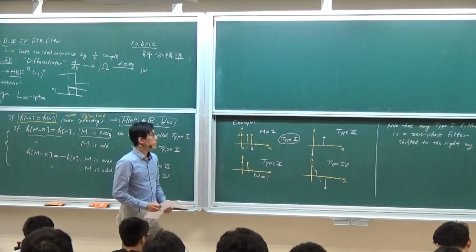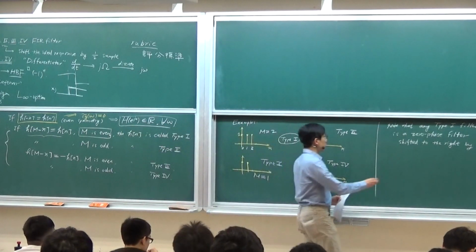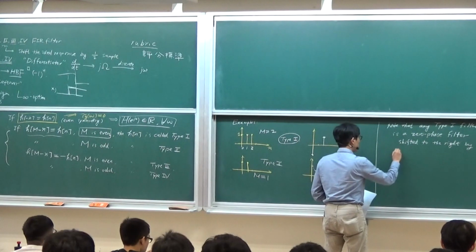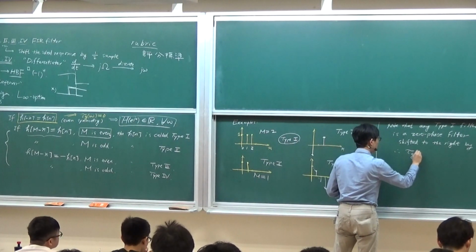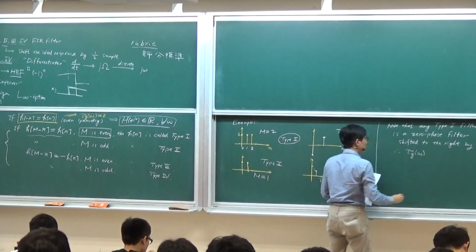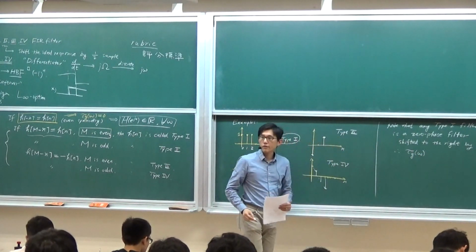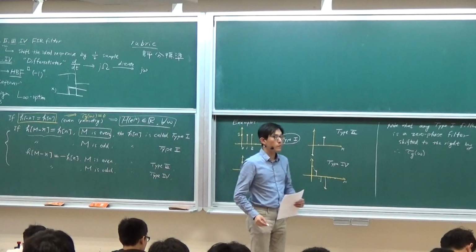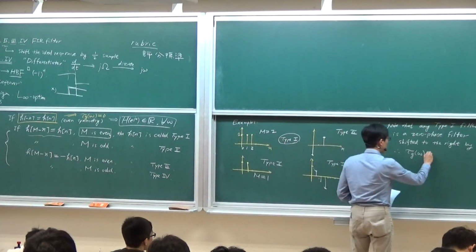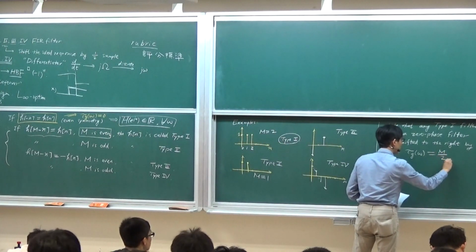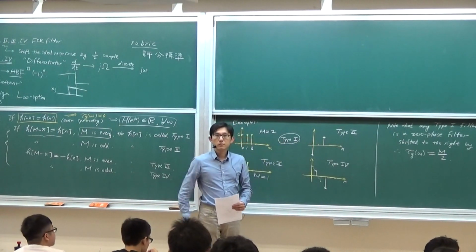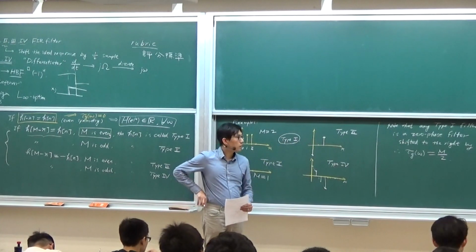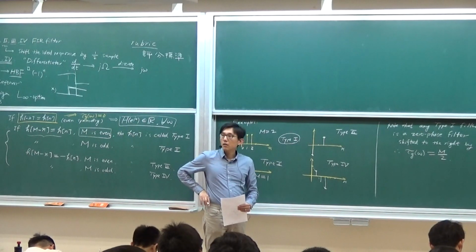So it's fairly easy to conclude that the group delay of this system, after shifting to the right by n divided by 2 samples, also becomes n divided by 2, which is a constant.